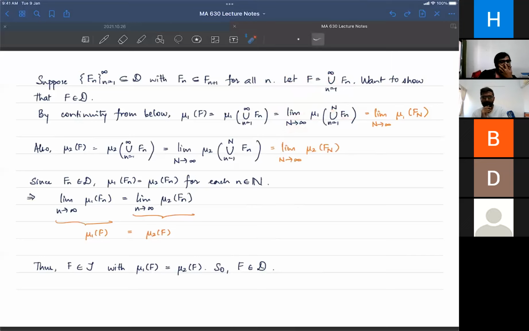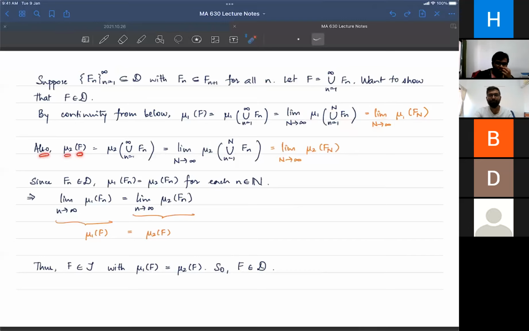If I take A1 contained in A2 contained in A3 and I take A1 union A2 union A3, what am I going to get? A3, right? So if I take F1 together with F2, F3, and F4, I'll just get F4. So the union, n going from 1 to capital N, of F_n is just F_N. So this equals the limit as n goes to infinity of mu1 of F_N.